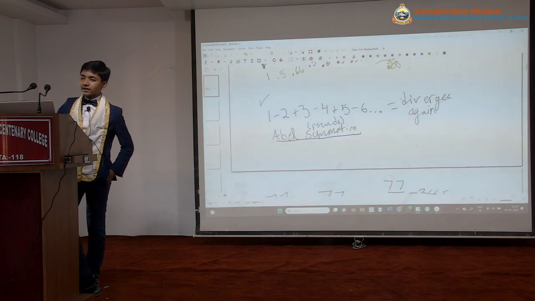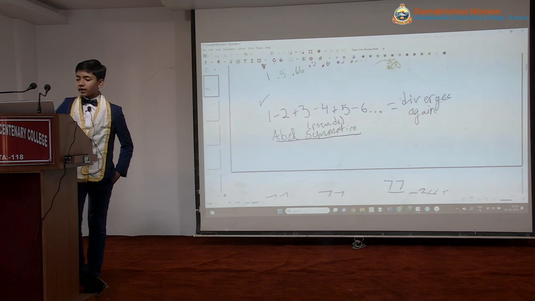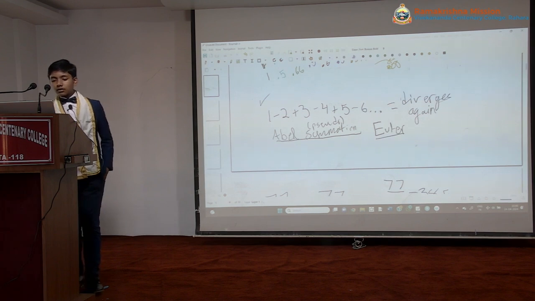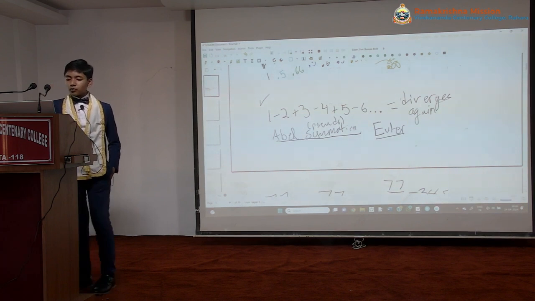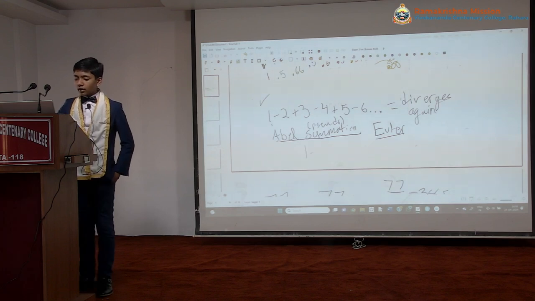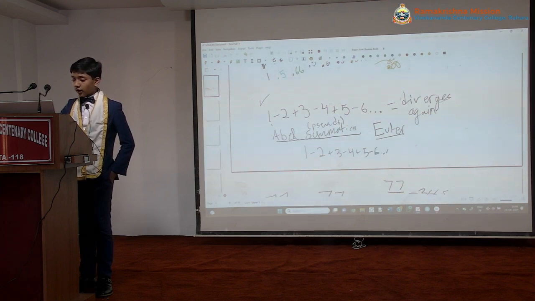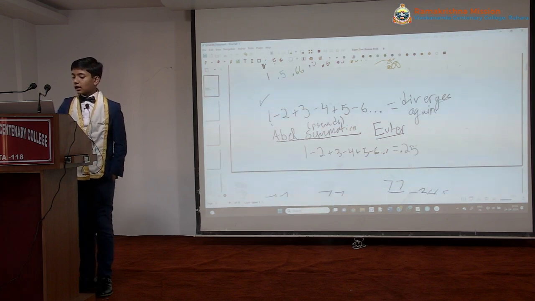But interestingly, this sum was not first solved by Abel himself, rather the famous mathematician Euler, who we mentioned a little bit earlier. So he said that 1 minus 2 plus 3 minus 4 plus 5 minus 6, etc. is 0.25.